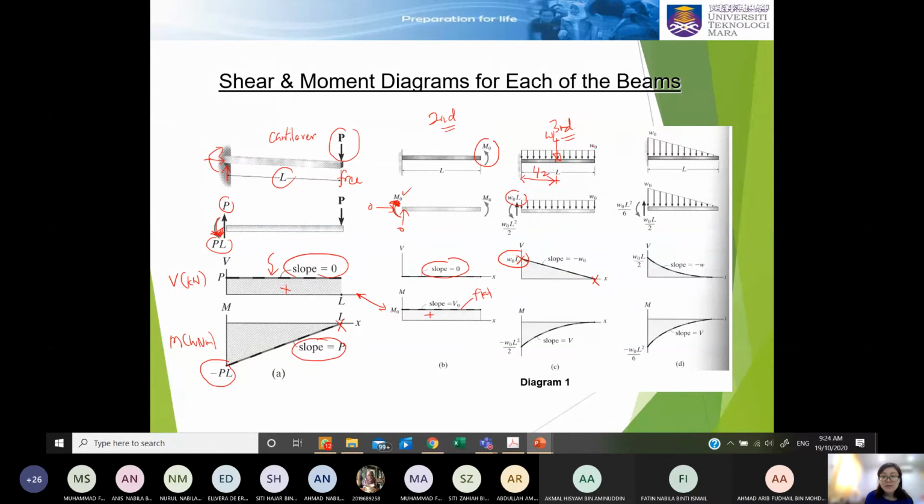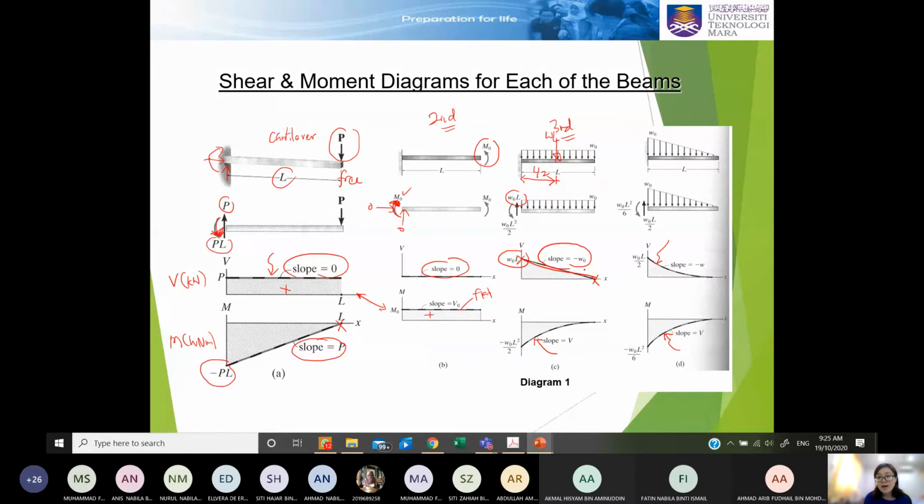If you are dealing with this UDL, the shear force is a straight line, but sloping. When you have a sloping shear, you are going to have a curve moment. Similarly, if you have a curve in the shear force, you also have a curve of higher power for your moment.